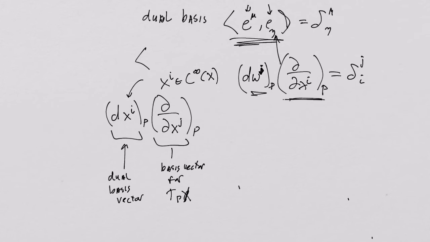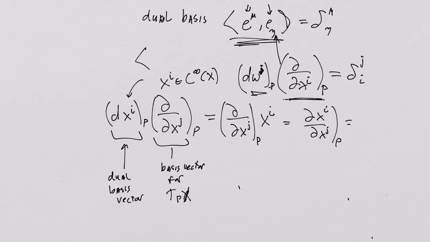This is easy to see because we know what the rule is. The rule for this mapping is the vector, or the element of the tangent space, operating on the function. Well, what is that? That's dxi of ∂/∂xj at p, which is delta ij.